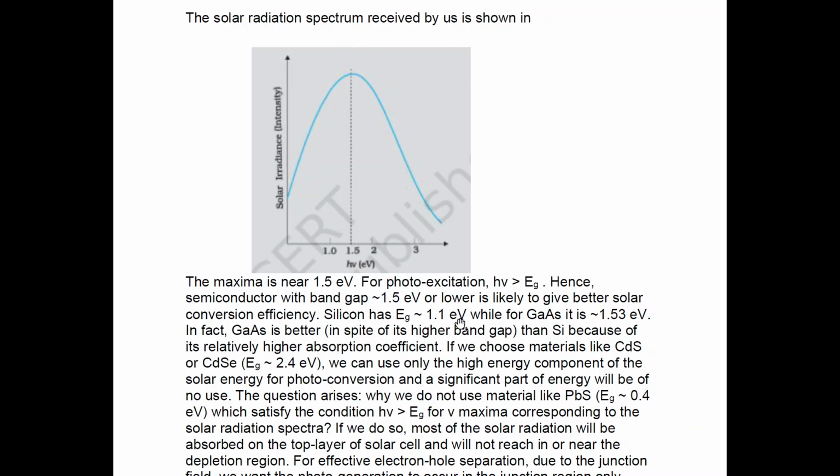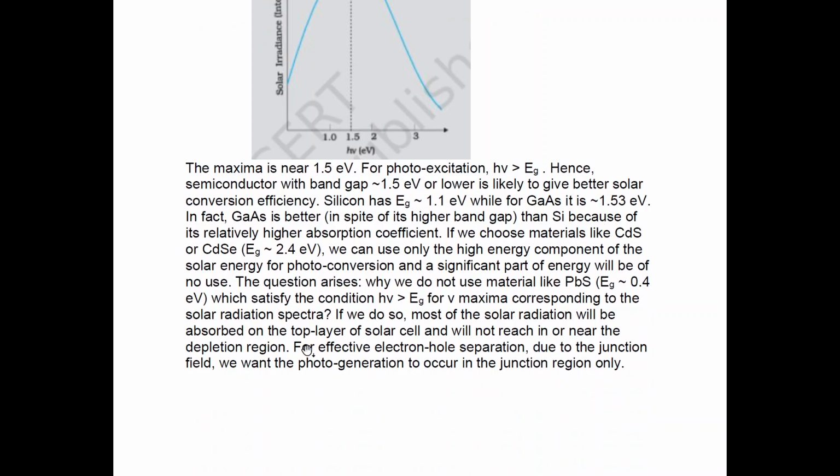Silicon has a band gap around 1.5 electron volt, while gallium arsenide it is 1.53 electron volt. In fact, gallium arsenide is better than silicon. You must be surprised to know, although it has a wider band gap, because of its higher absorption coefficient. Not only the band gap, but the absorption coefficient, the drift current, the electron hole carrier mobility, everything matters.